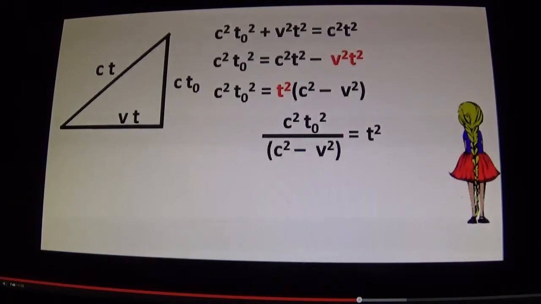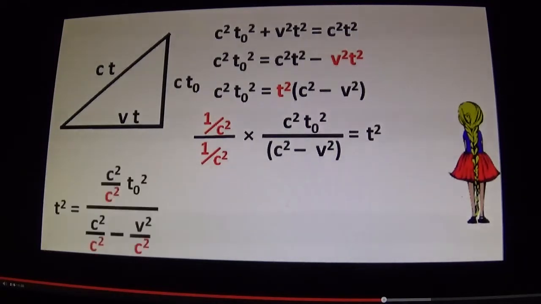And now I'm going to change the way I express that fraction by multiplying it by 1. Now, it won't change the value of it, but look at the way I've expressed 1. That fraction, which is equal to 1, has been expressed as 1 on c squared over 1 on c squared. That won't change the value of anything, but it'll change the way I express things.